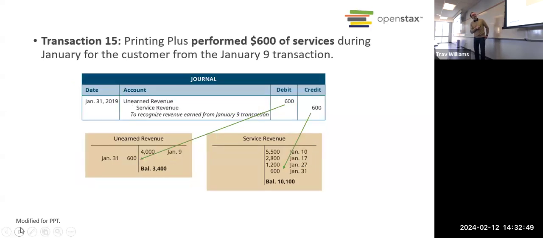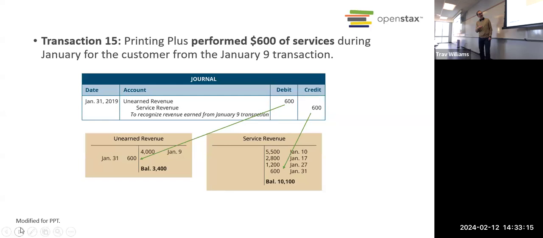We did $600 of services that had been paid for previously. Okay, so that means when we got paid and hadn't done the service at that time, we had unearned revenue. But here, we've now earned it. So unearned revenue is getting reduced, right?